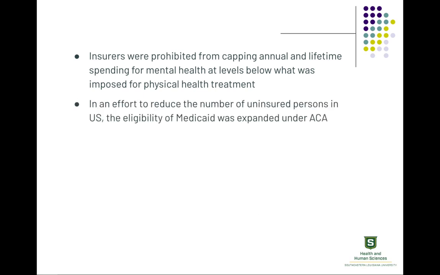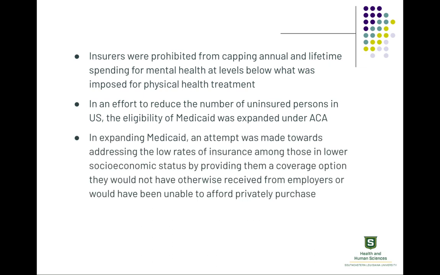And Medicaid was expanded, which was a very big one with the ACA. With Medicaid expansion, the attempt was to address the low rates of insurance, particularly among those of low economic status.